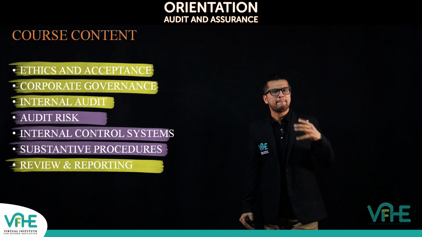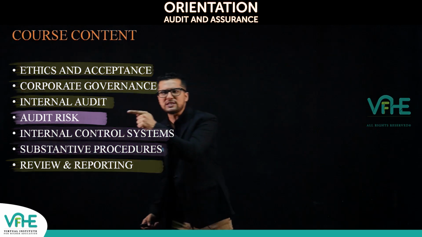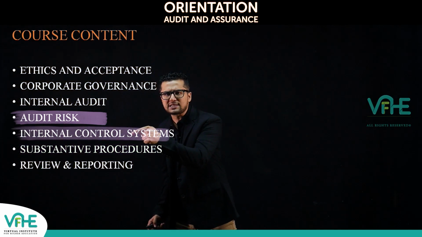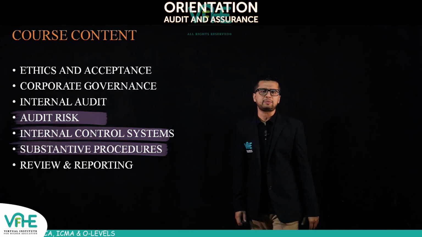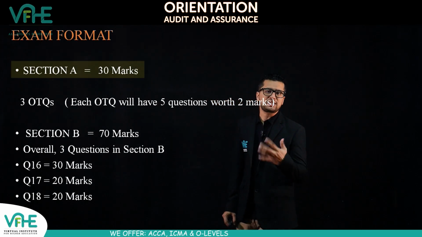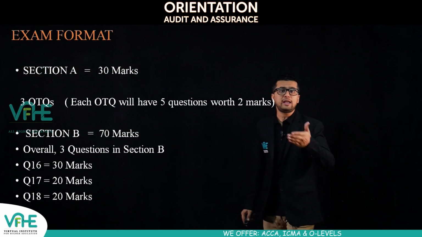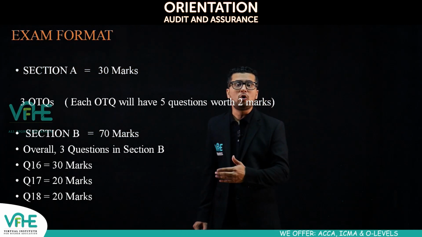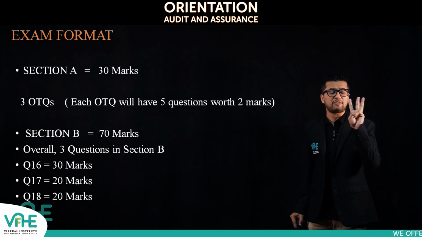Now, what do I mean by minor areas and major areas? Why am I classifying audit risk, control systems, and substantive procedures as major areas? Let me explain. The exam format has 2 sections, Section A and Section B. Unlike the PM exam, the tax exam, the FR exam or the FM exam, all those skill level exams from PM to FM have 3 sections.